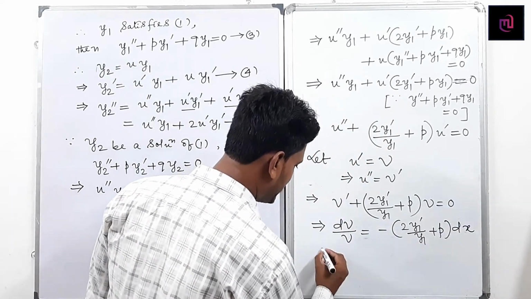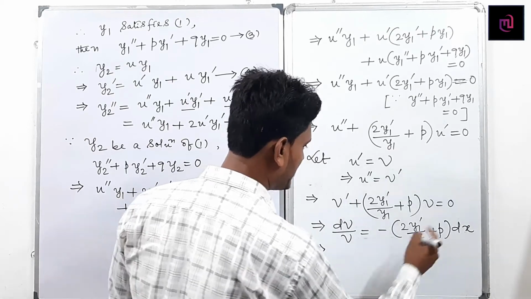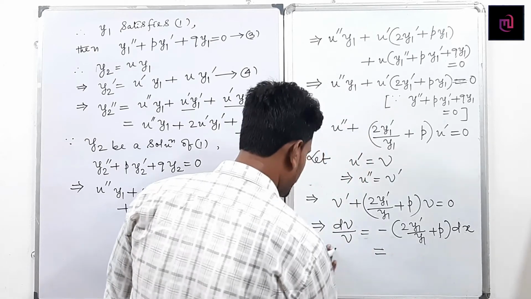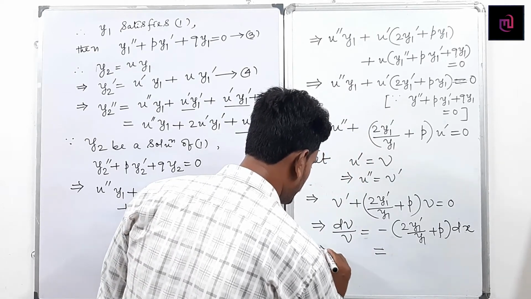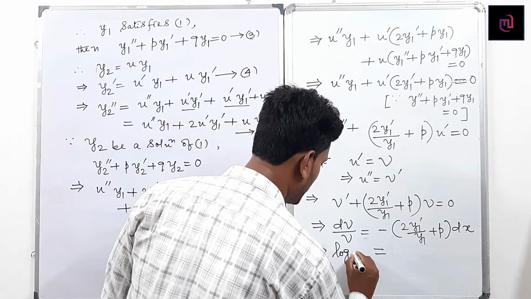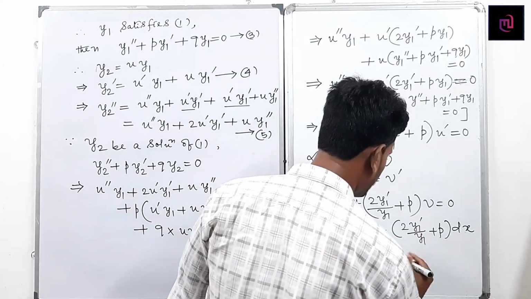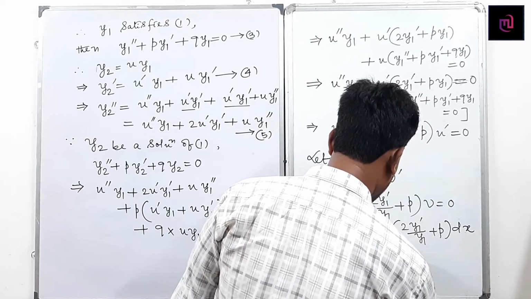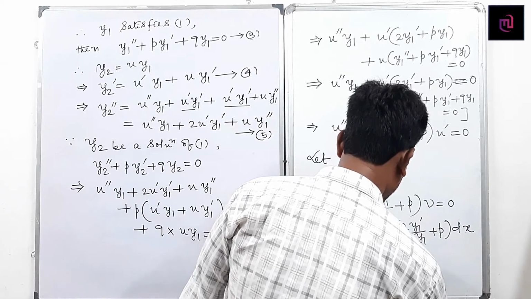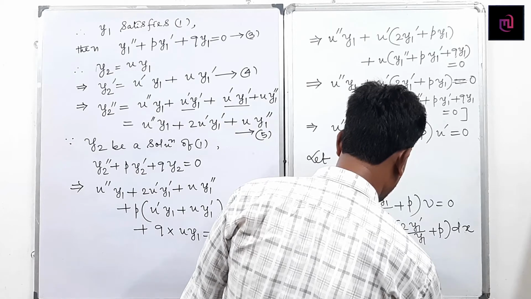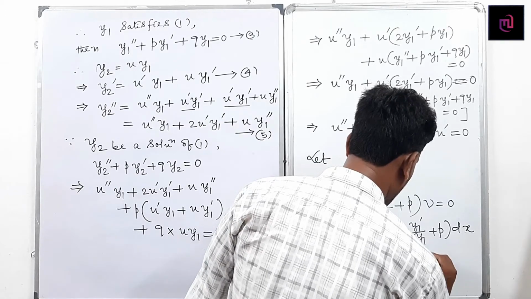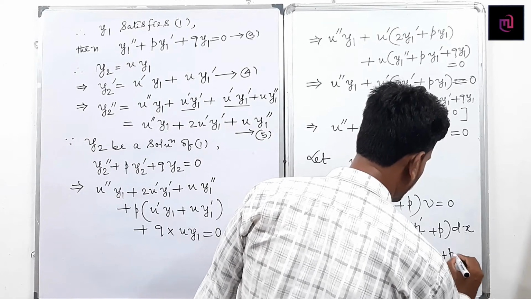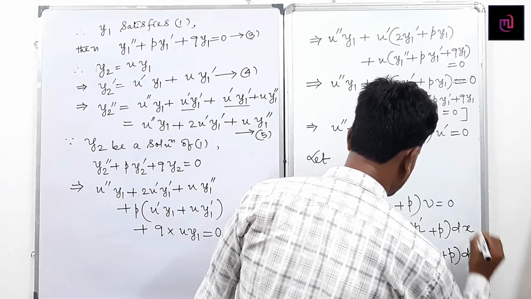Taking integration on both sides, log v becomes minus the integration of 2 y1 dash by y1 plus p dx.